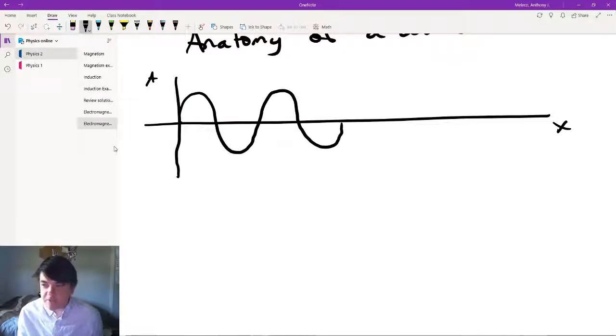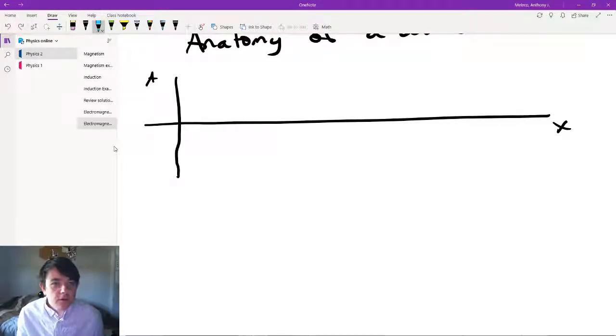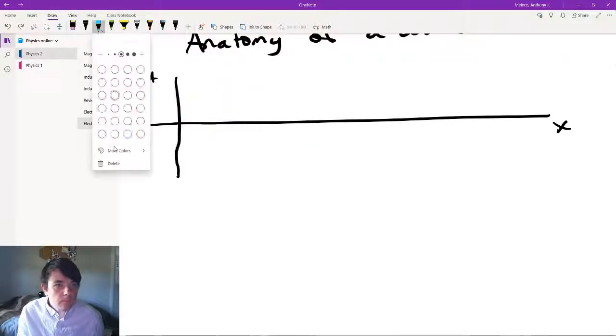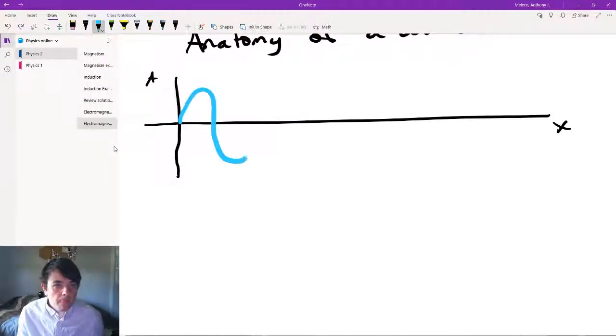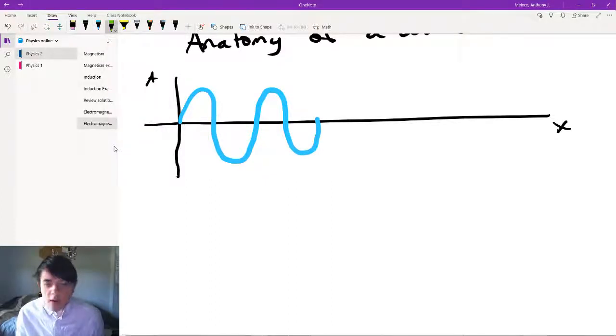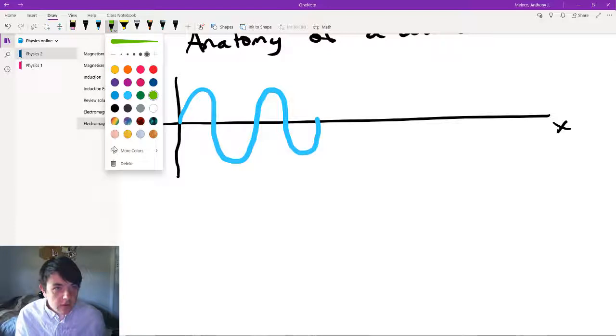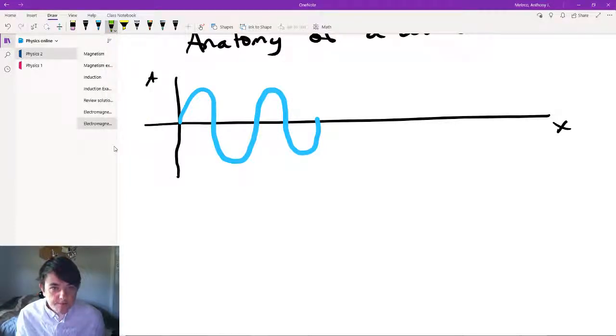Typically a wave, you know, it looks something like a sine wave, right? There's a few things we need to mark here. And I'll define all of this stuff.